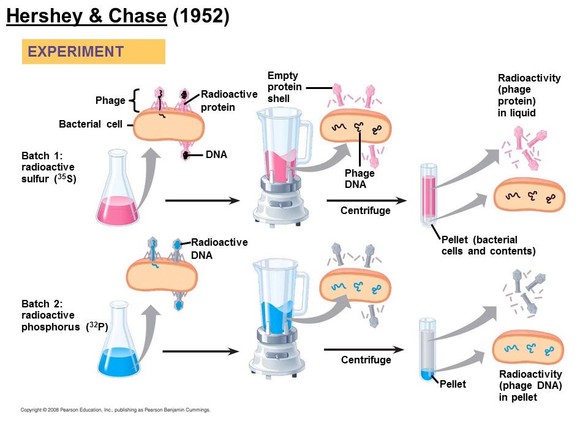Next, Hershey and Chase grew up a set of bacteriophage with radioactive phosphorus. And phosphorus, as you know, is found in the phosphate group of the DNA. So these phage had radioactive DNA.